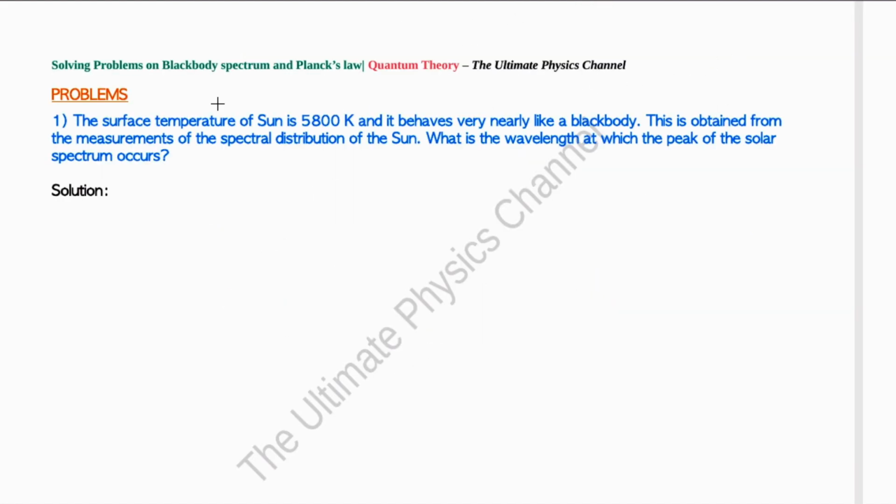The first problem: the surface temperature of Sun is about 5800 Kelvin and it behaves very nearly like a black body. This is obtained from the measurements of the spectral distribution of the Sun. What is the wavelength at which the peak of the solar spectrum occurs?